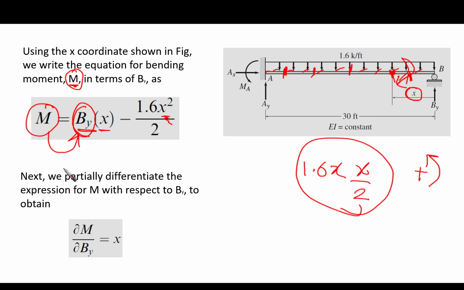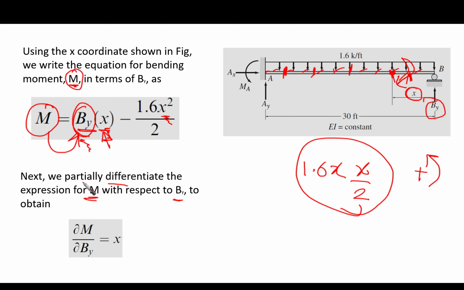Next, we partially differentiate the expression of m with respect to By to obtain this. Take care, we're taking the derivative with respect to By as our parameter, not x. x in this case is going to be known because at any location its x is known, whereas By is our main unknown.